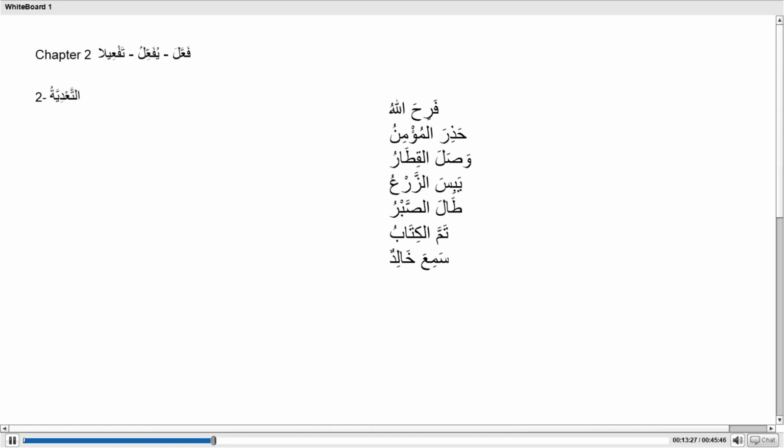Chapter 4 and 5. What did we tell you about the verb on the scale of فعل?